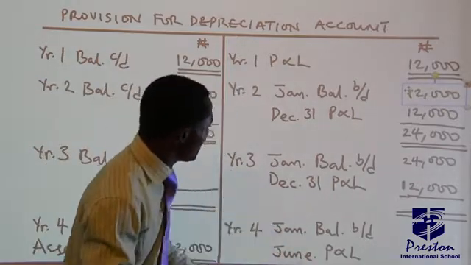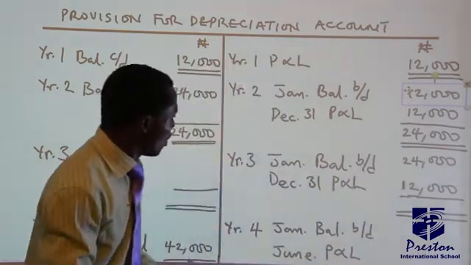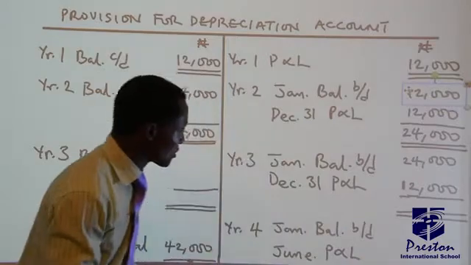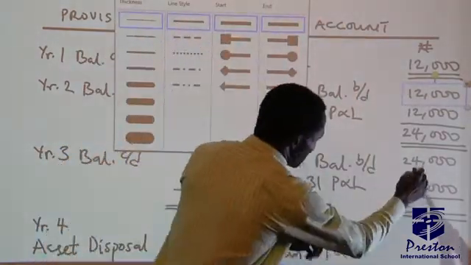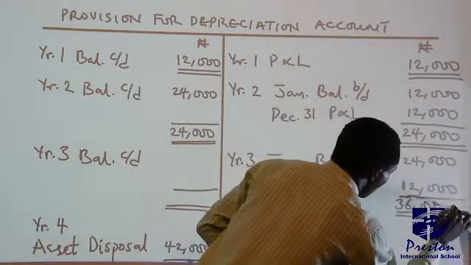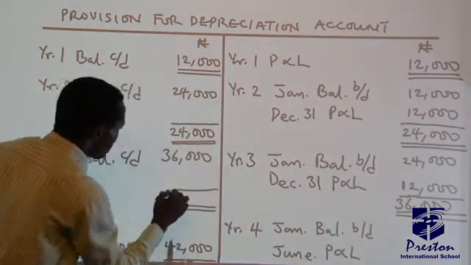Coming to year 3, our closing balance in year 2 becomes our opening balance in year 3 of 24,000. Then the depreciation value will come in as profit and loss, 12,000. The addition of these two gives us 36,000 naira. The 36,000 naira becomes our closing balance in year 3.